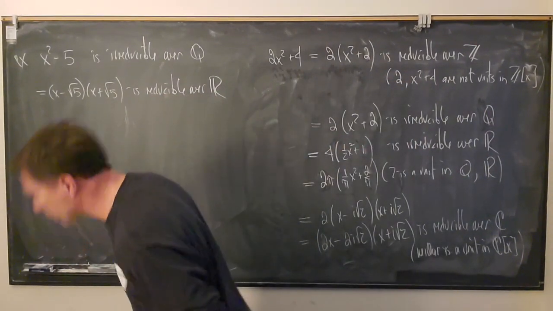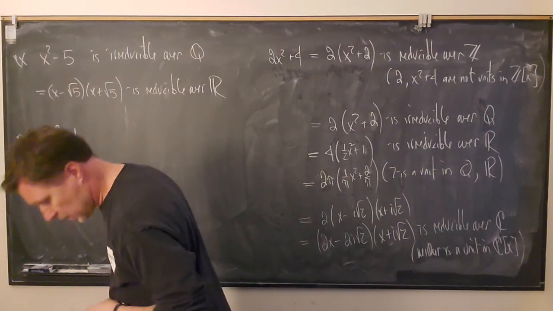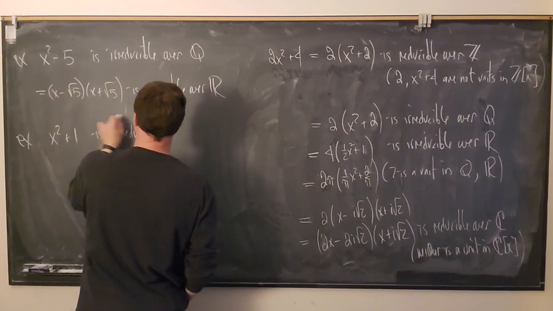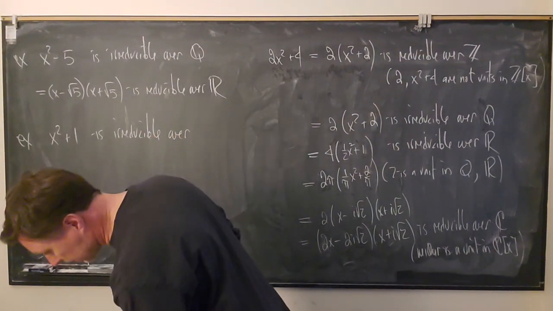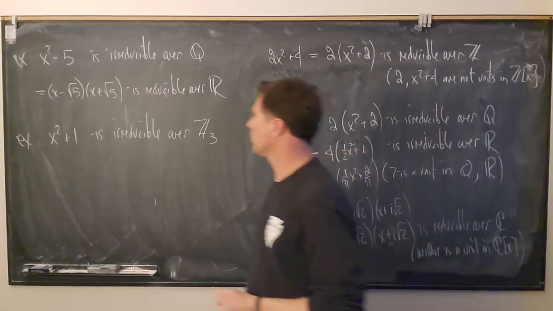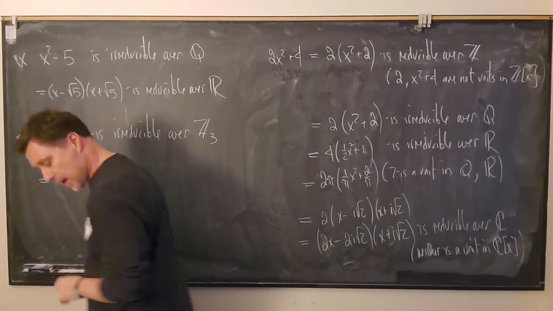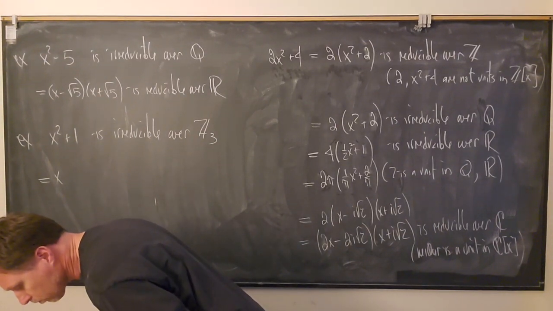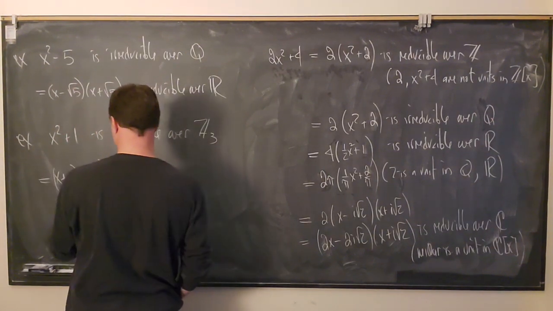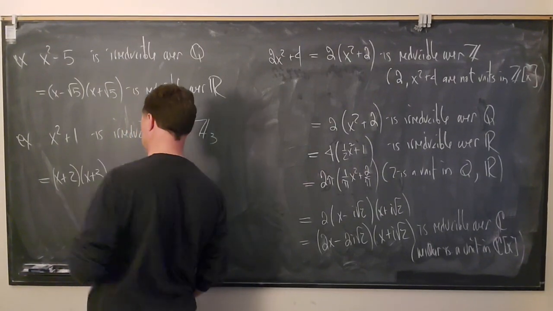So let's look at one more example. X squared plus 1 is irreducible over Z3. But it's equal to x plus 2 times x plus 3 if we are working in Z5 bracket x.